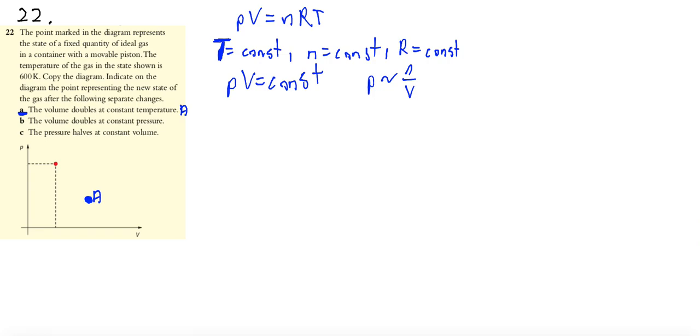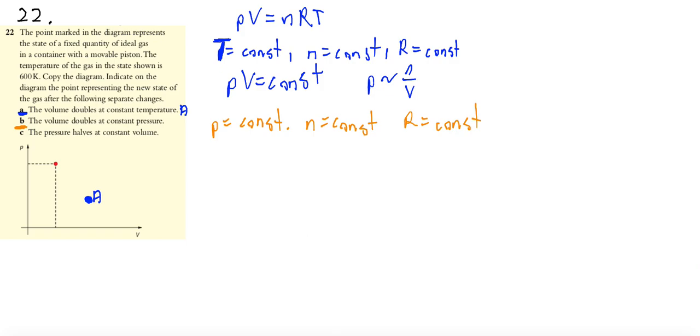And B, I'm going to use orange. Okay, the volume doubles at constant pressure. So now we have something very similar, but pressure is constant. If pressure is constant, n is constant, R is constant, then if volume changes, something happens with temperature.